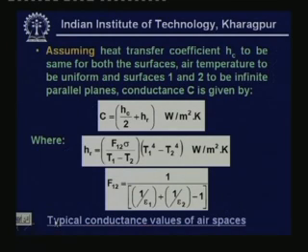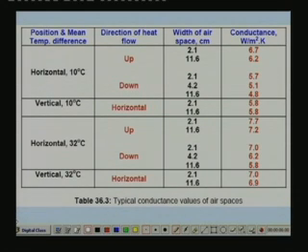Typical conductance values of air spaces are given in this table. Since you have convection as well as radiation, the orientation plays a major role, because inside the air space convection heat transfer is by natural convection. So, the orientation and temperature difference become important.